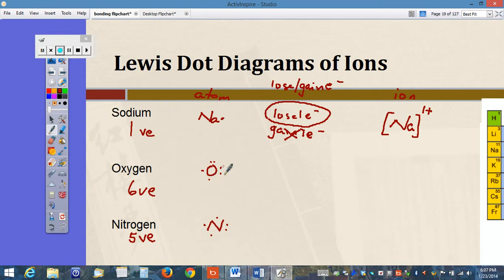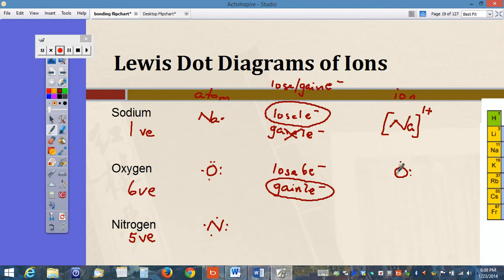Oxygen here, he can either lose the 6 valence electrons he has, or he could gain the 2 missing ones. Gaining 2 is easier than losing 6 because it's a smaller number. So oxygen, after he gains 2, he's going to have the 6 he had plus 2, he's going to have 8.